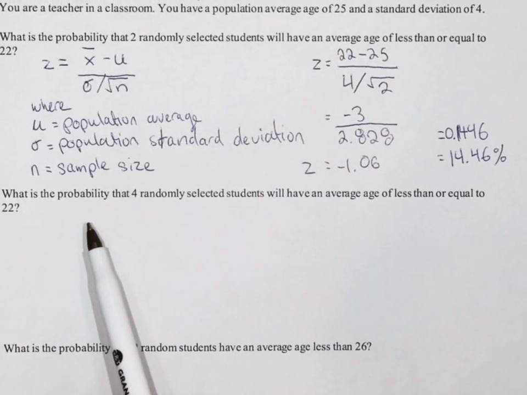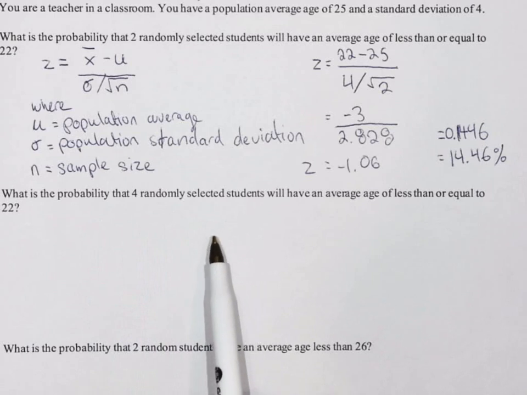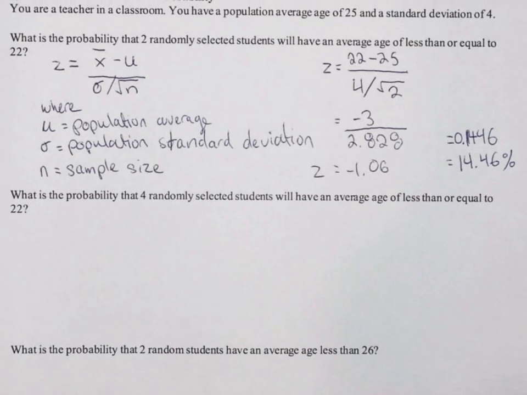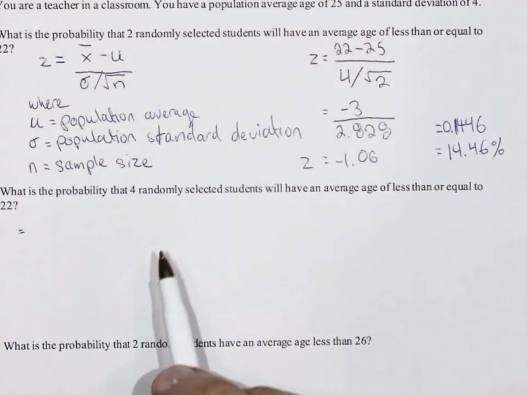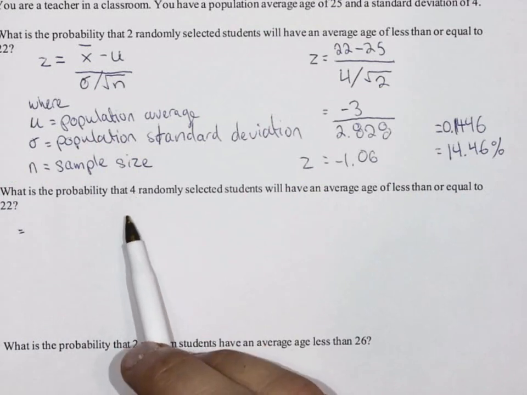So what is the probability that four randomly selected students will have an average age of less than or equal to 22? We're going to use our same formula, but this time we have a sample size of 4.